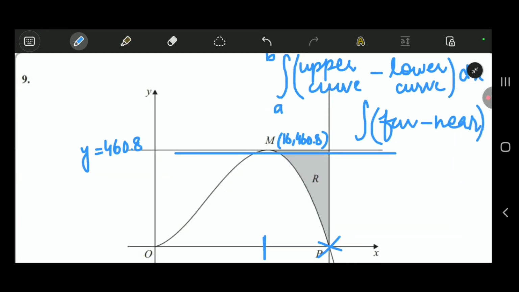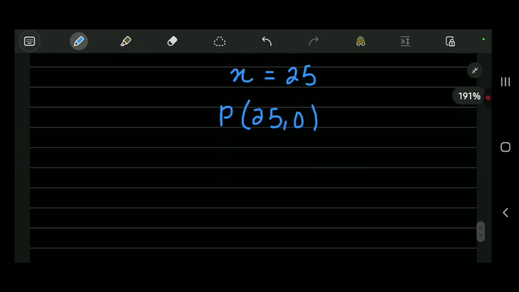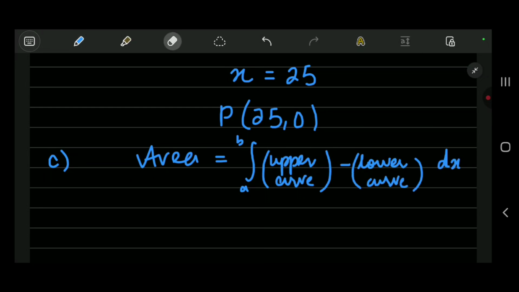Now writing this all in a proper way for part c. Your area of the region would be the integral from a to b of upper curve minus lower curve dx.